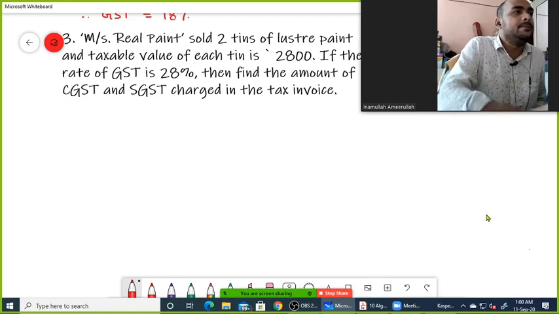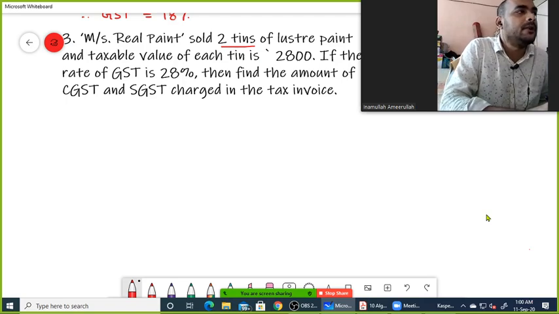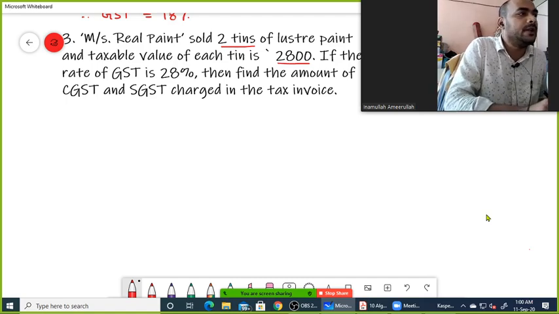Messrs Real Paint sold 2 tins of Luster paint and taxable value of each tin is 2,800. So first we will find out cost price of 2 tins.